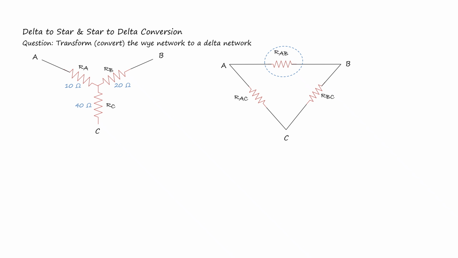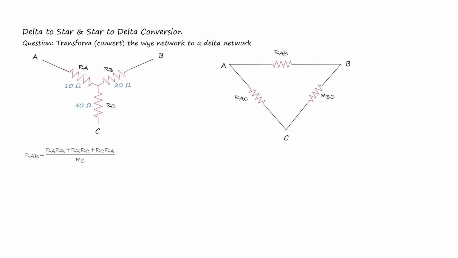For RAB, the opposite resistor is RC. So RAB is equal to RA times RB plus RB times RC plus RC times RA divided by RC, which is the opposite.